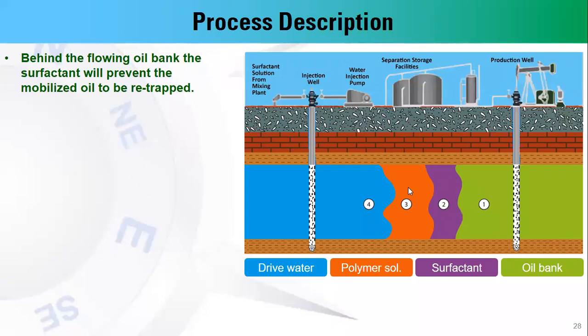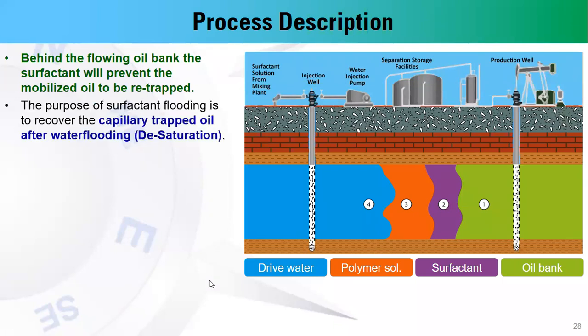This is the process of surfactant flooding. As mentioned, we have this water drive, and this is the oil bank and surfactant. We may have additional polymer to control the mobility ratio and decrease the mobility of water. Behind the flowing oil bank, we have some trapped or residual oil, which we can call the capillary trapped residual oil.